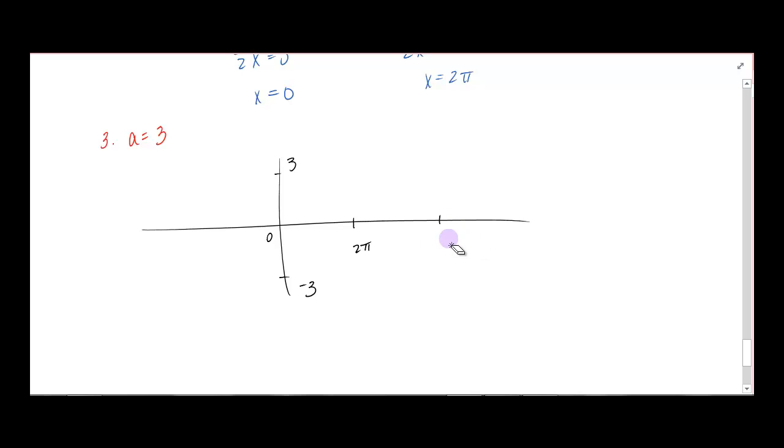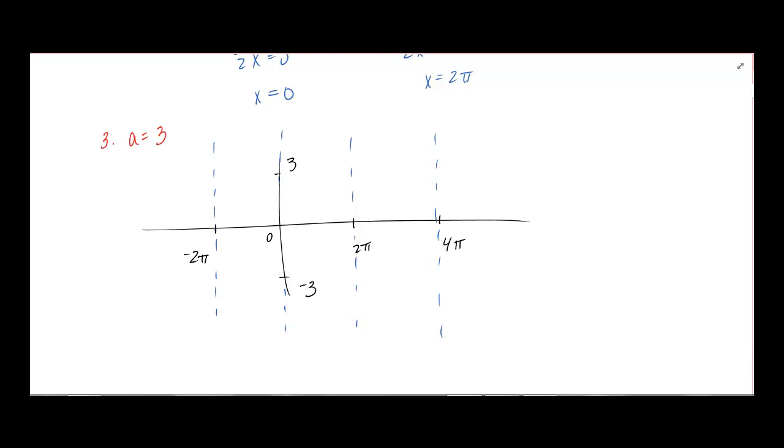So that would be 2 plus 2 is 4. And then moving in the negative direction, I would go negative 2 pi. So let me go in and draw my vertical asymptotes so that I can keep all this straight. So I have a vertical asymptote here, here, there's one, and there's another.